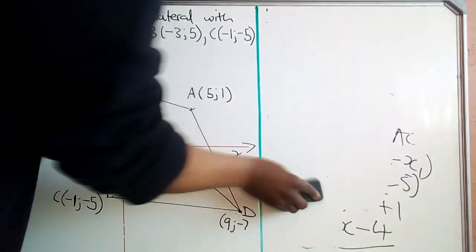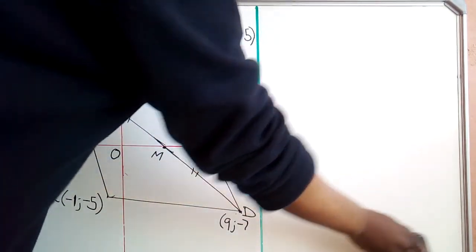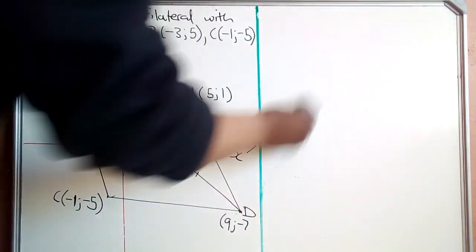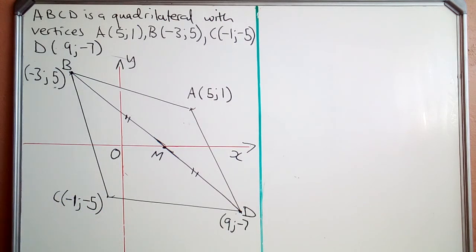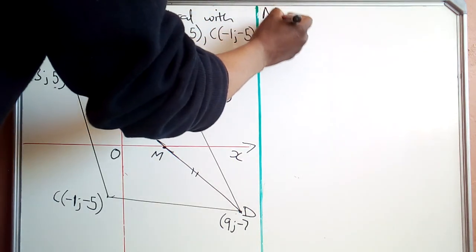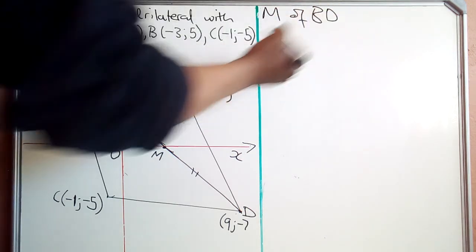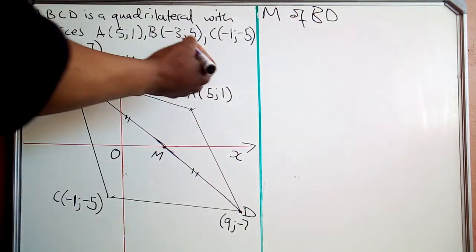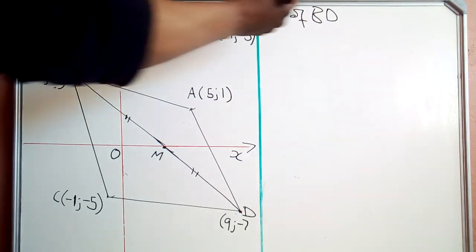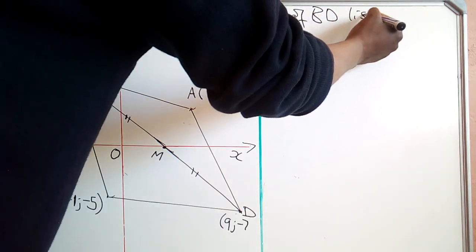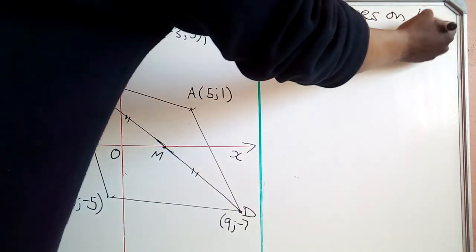Let us make space here. The question in 1.3 says, hence or otherwise show that the midpoint M of BD lies on AC.